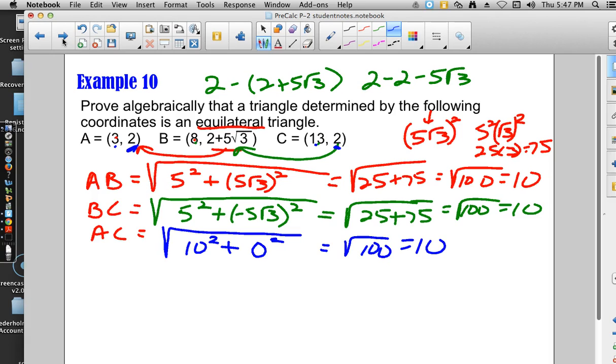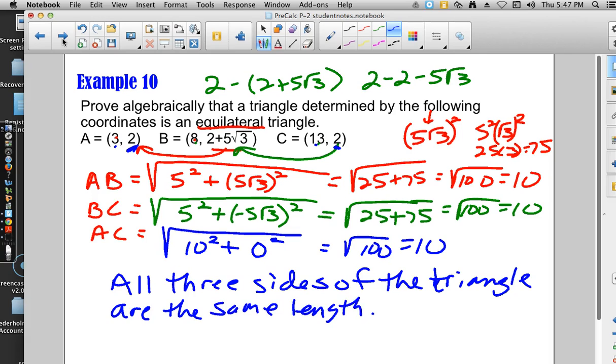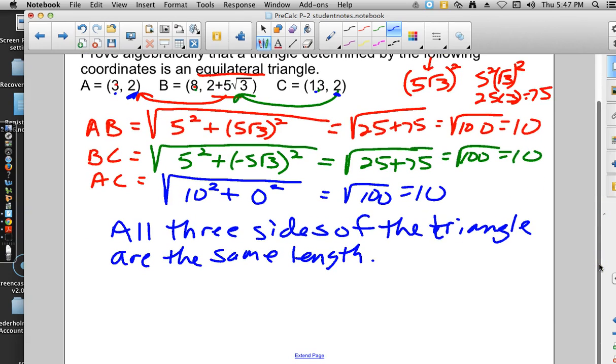Prove algebraically that a triangle determined by the following coordinates is an equilateral triangle. All three sides of the triangle are the same length. Therefore, that sounds like a summary coming.